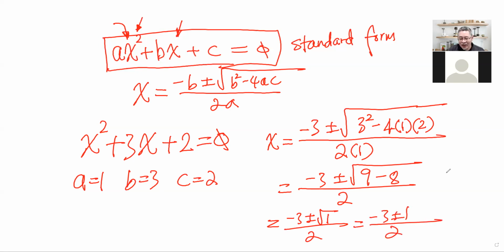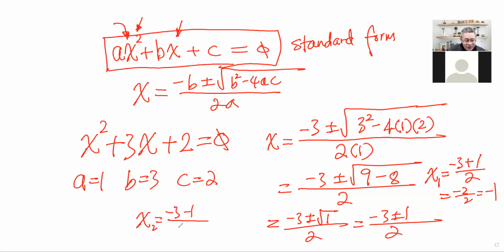So now we got two scenarios. One is x1 equals negative 3 plus 1 over 2. That's negative 2 over 2, negative 1. Then we have another one. x2 will be negative 3 minus 1 over 2, which is negative 4 over 2, and that gives us negative 2.